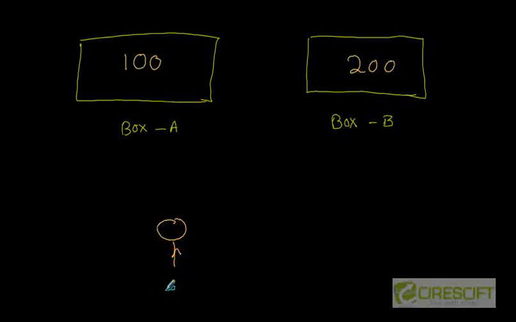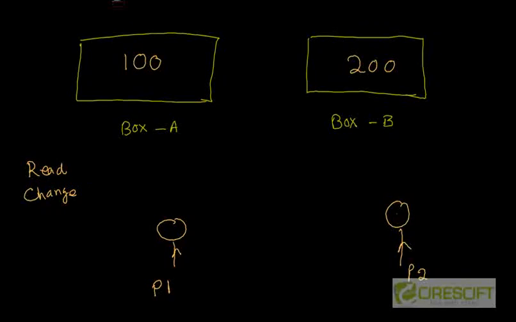Let's say I have two people. This is person P1 and here is another person P2. Both P1 and P2 go and read, and after you read, whatever value you get, you subtract 10 from that value.